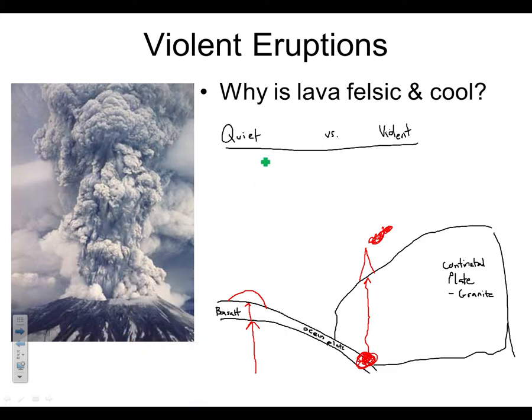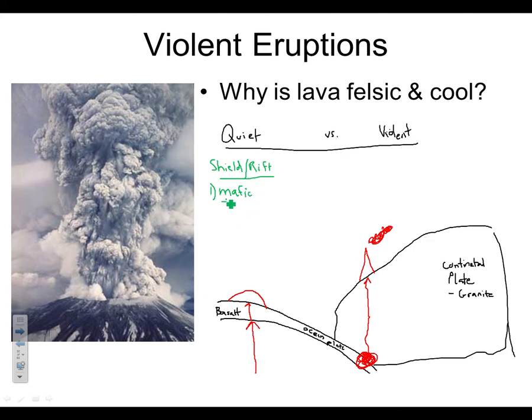So on the quiet side, our two volcano types are going to be either shield or rift. So I'm going to say shield / rift. Okay, so why do I have shield or rift volcanoes in the ocean plates? Well, the lava is first of all going to be mafic. Okay, the lava is mafic.